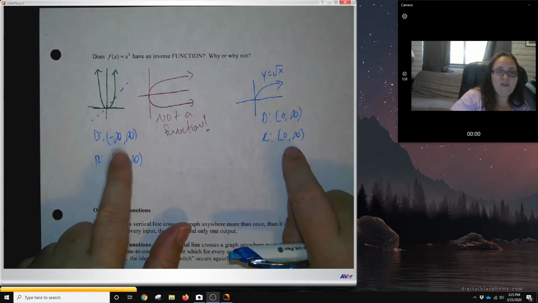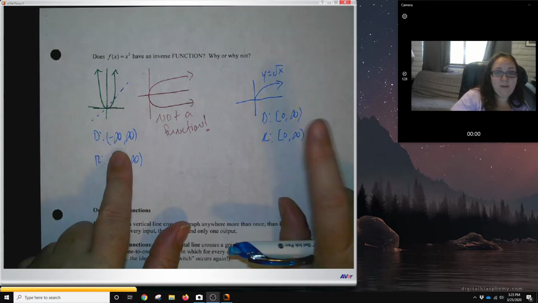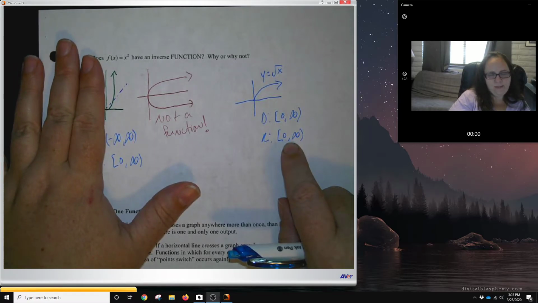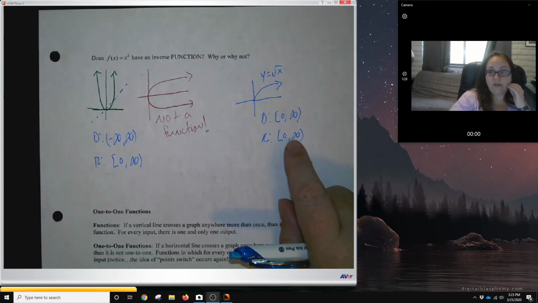Now we can make them inverses by restricting this domain so that it matches this range and only looking at half of the parabola. But unless we make that restriction, these two are not inverses of one another.